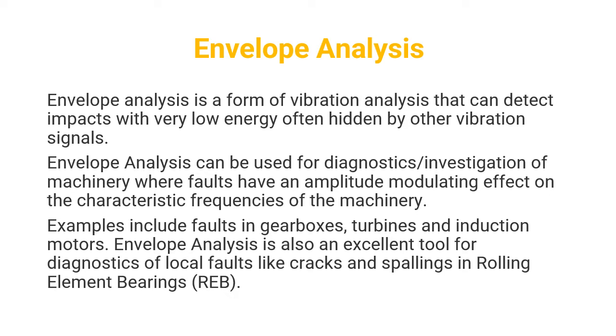Envelope analysis can be used for diagnostics and investigation of machinery where the faults have an amplitude modulating effect on the characteristic frequency of the machinery. Examples include faults in gearboxes, turbines, or induction motors. Envelope analysis is also an excellent tool for diagnostics of local faults like cracks or spalling on the rolling element bearing.